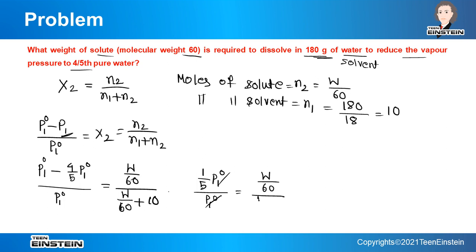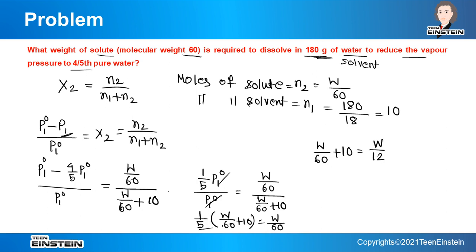Or we can write 1 by 5 equal to W by 60 divided by W by 60 plus 10. Okay, so here 1 by 5, that is W by 60 plus 10, will be equal to W by 12.